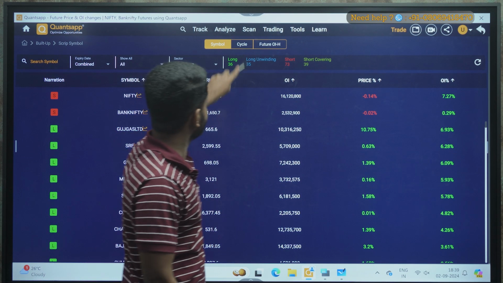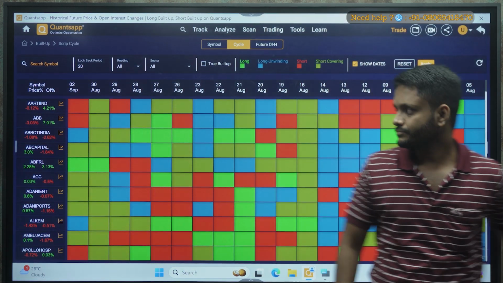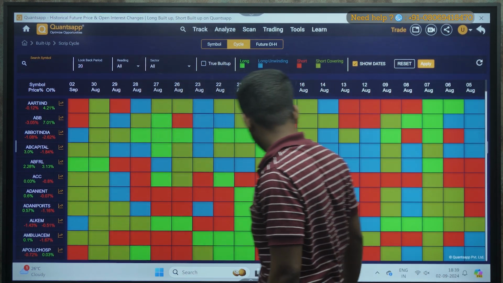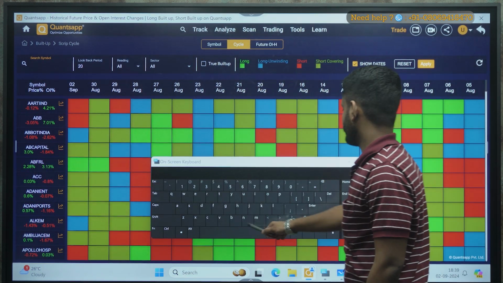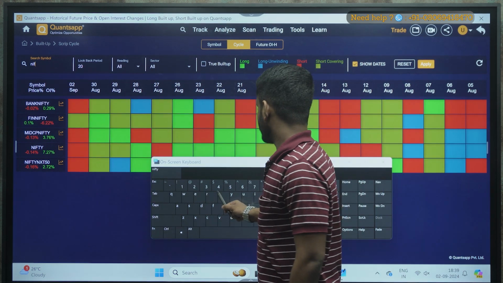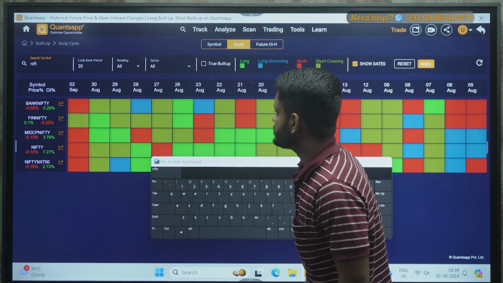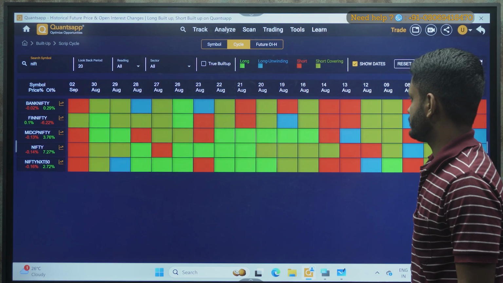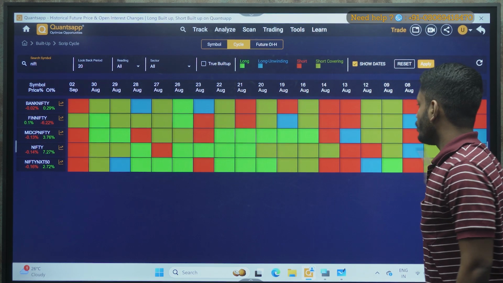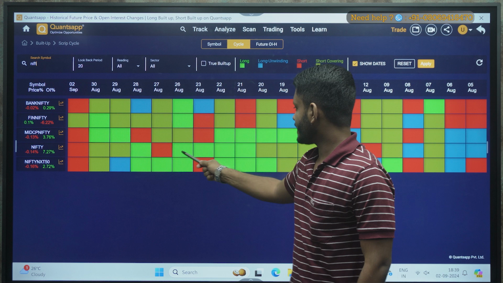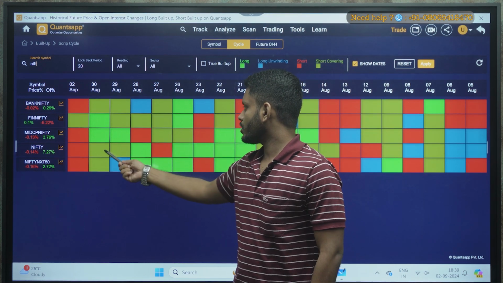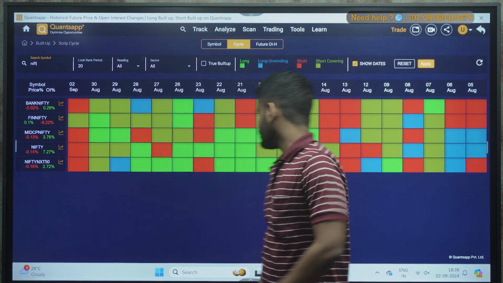Now what you can do is just go to cycles and check out Nifty. Now if you see in Nifty overall, in between I can see continuously long, but then you see short, long, short covering, short covering, short.